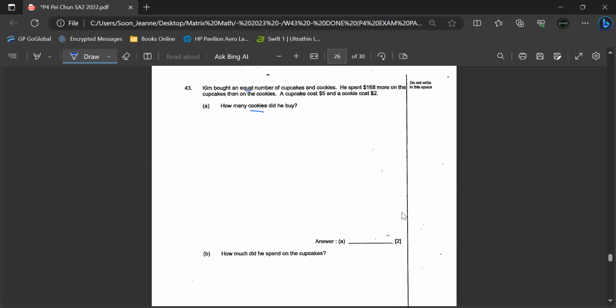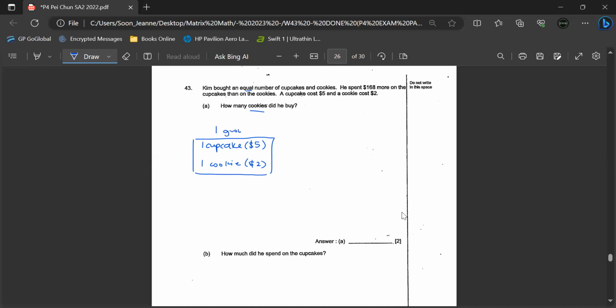So equal number means we can actually group 1 cupcake and 1 cookie into 1 group. So cupcake and cookie starts with C, so I'm just going to write down in full 1 cupcake, 1 cookie. Remember, write the price. 1 cupcake is 5, 1 cookie is 2. So we're going to do this as 1 group.